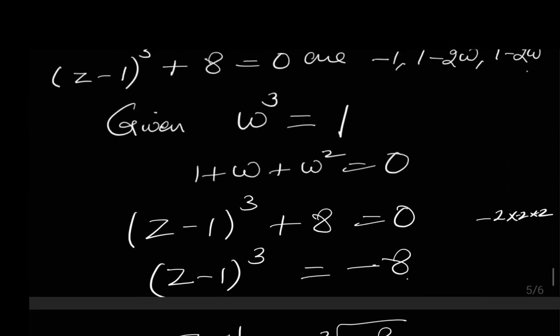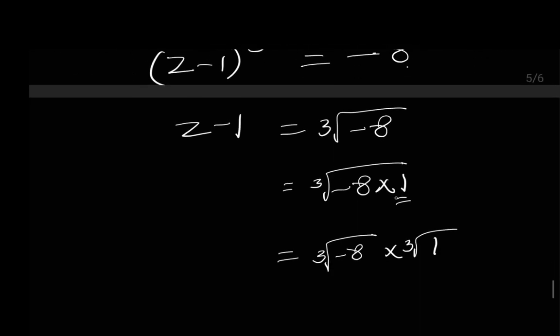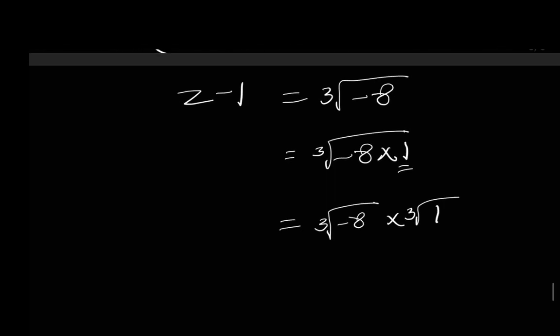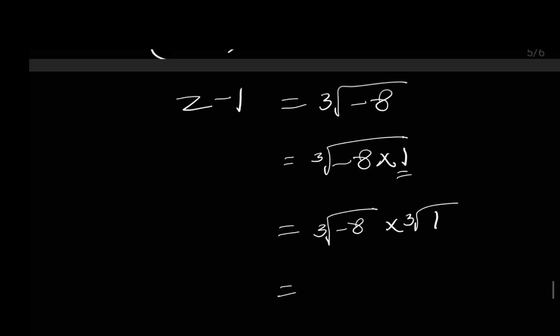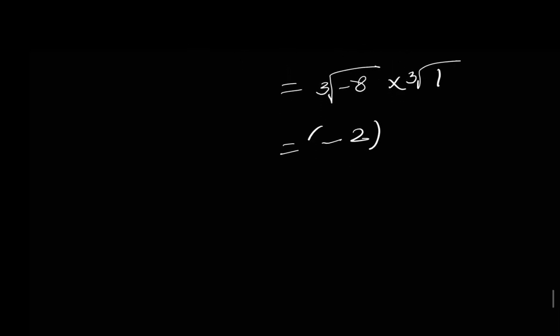In order to get the result given in the question, I do a substitution which does not alter the given terms. Directly you can write minus 2, but we have to get this answer. So the cube root of minus 8 is minus 2, and then the cube root of 1.